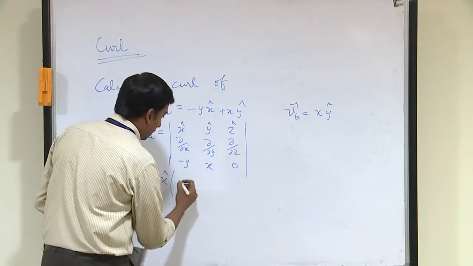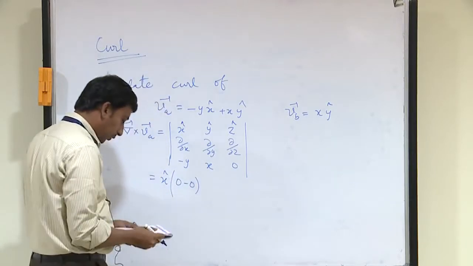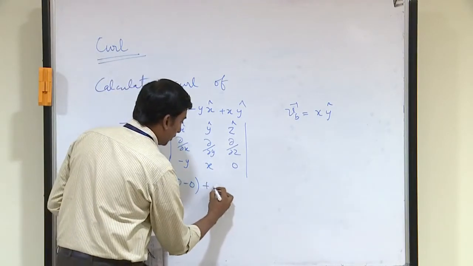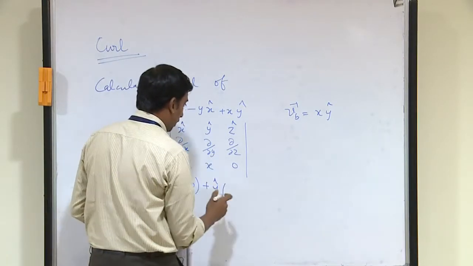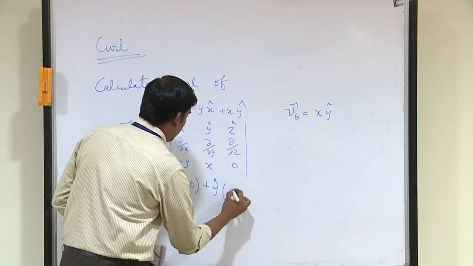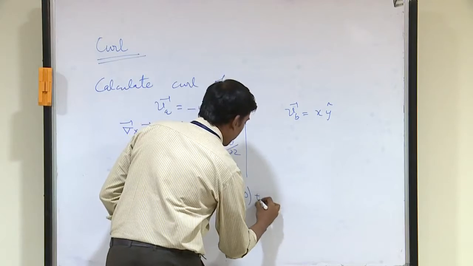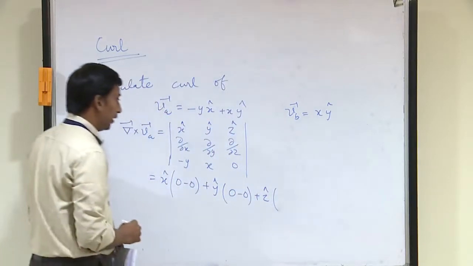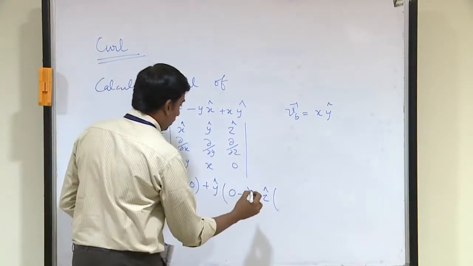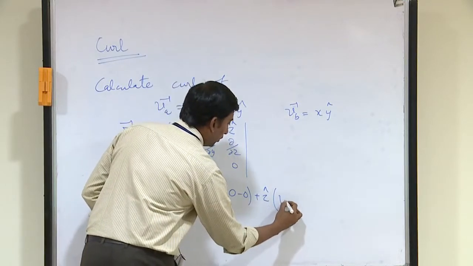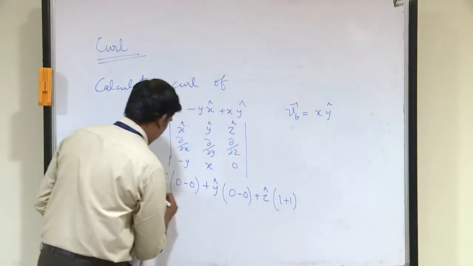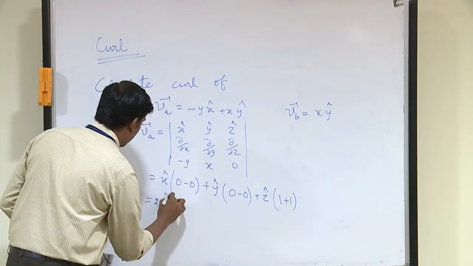You get 0 minus 0 plus y cap into 0 minus 0 plus z cap into 1 plus 1. So you get 2 into z cap.